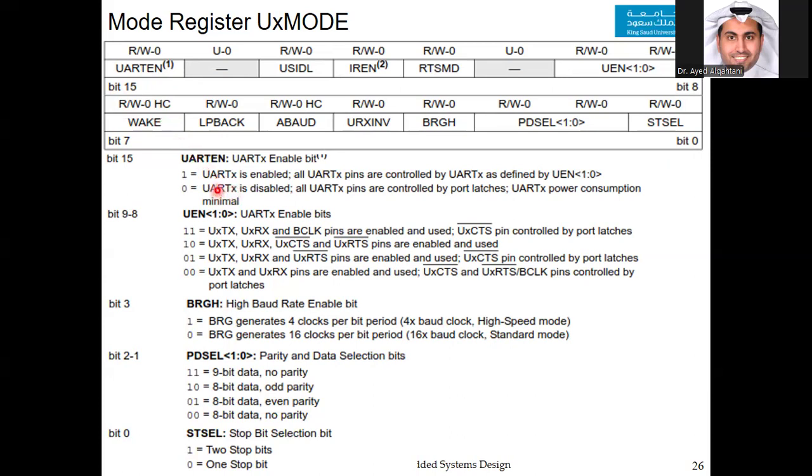If you disable the UART, that's it, it is definitely disabled. But if you enable the UART, now you need to check what your choice is here. So usually we'll enable the UART, make it 1, and we will make these 0, 0. We're interested only in the transmitter and the receiver pins.